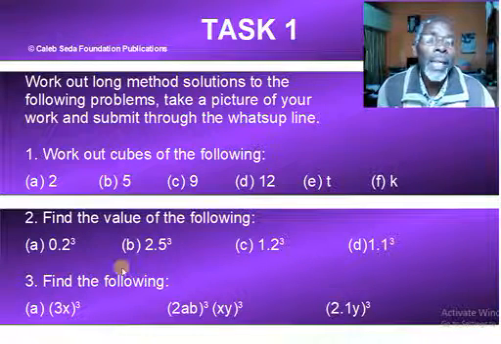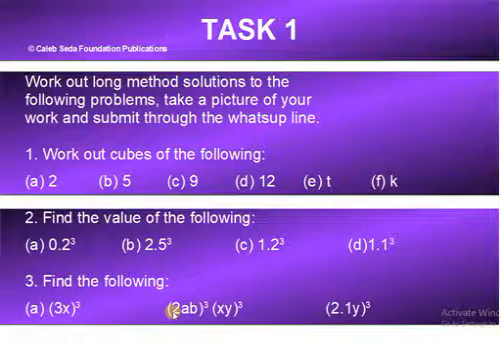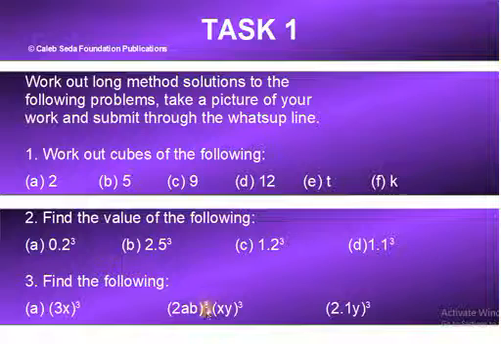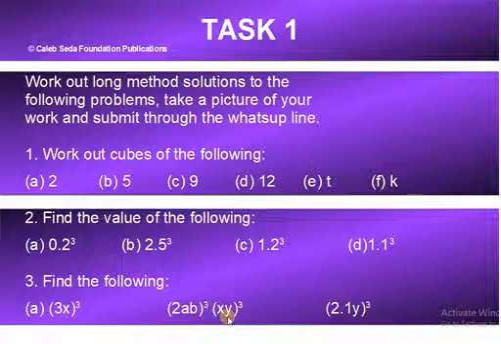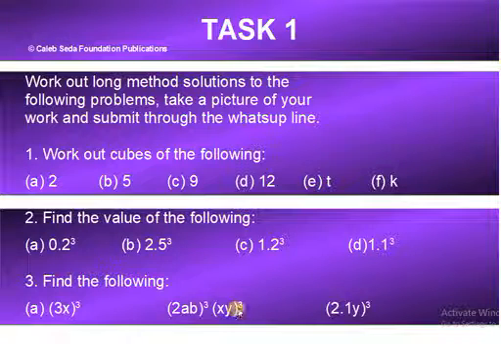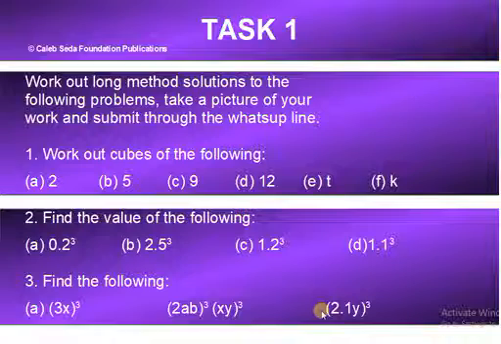Number 3, find the following: A, (3x) cubed; B, (2ab) cubed; C, (xy) cubed; and finally D, (2.1y) cubed.